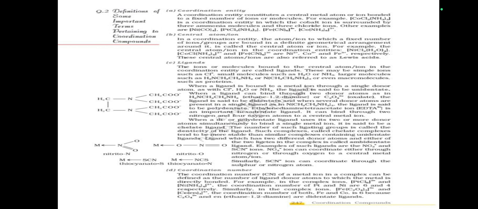Similarly, in the complex ions [Fe(C2O4)3]³⁻ and [Co(en)3]³⁺, the coordination number of both Fe and Co is 6, because C2O4²⁻ and en (ethane-1,2-diamine) are didentate ligands.